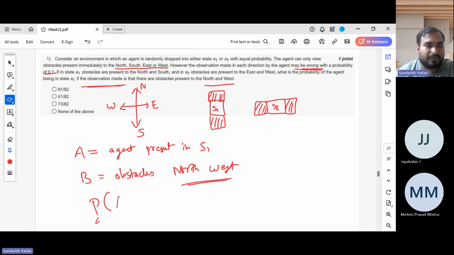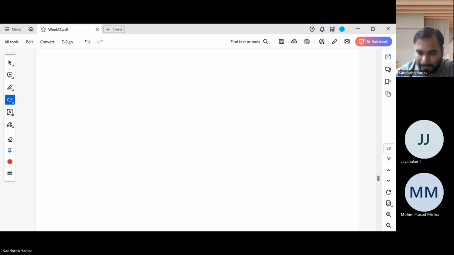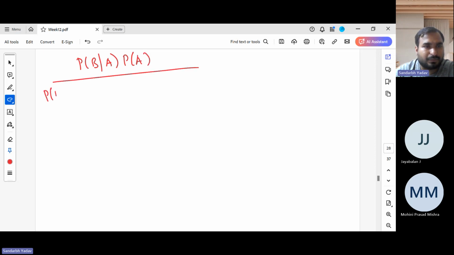Again, the same Bayes rule we will be using. This time I'll write directly. The expansion of Bayes rule basically becomes probability of B given A, probability of A, upon probability of B given A, probability of A, plus probability of B given negation of A, probability of negation of A. What is the A event itself?